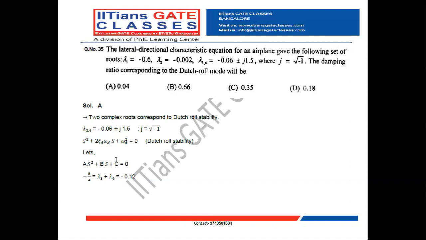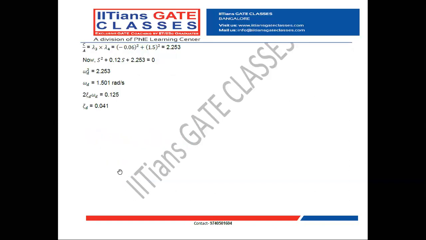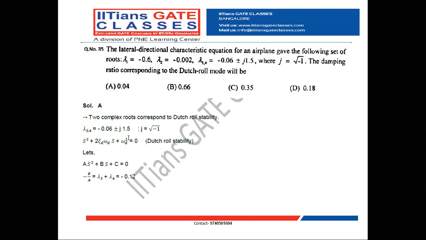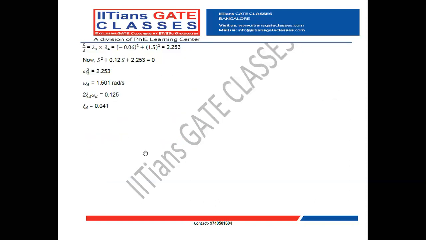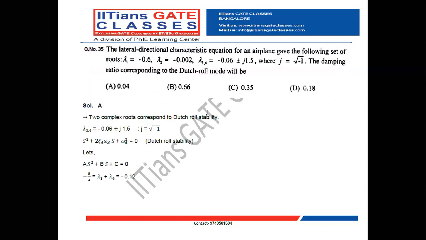Now, to calculate c by a, it is nothing but lambda 3 into lambda 4, that is, multiplying the complex pair: minus 0.06 plus j into 1.5, into minus 0.06 minus j into 1.5.